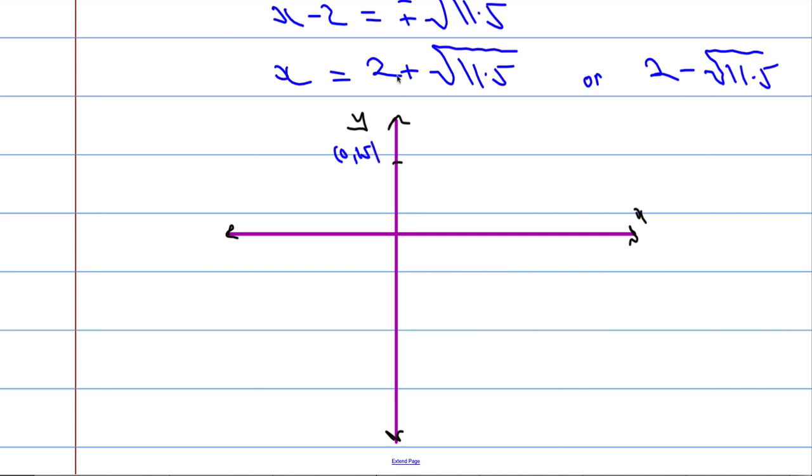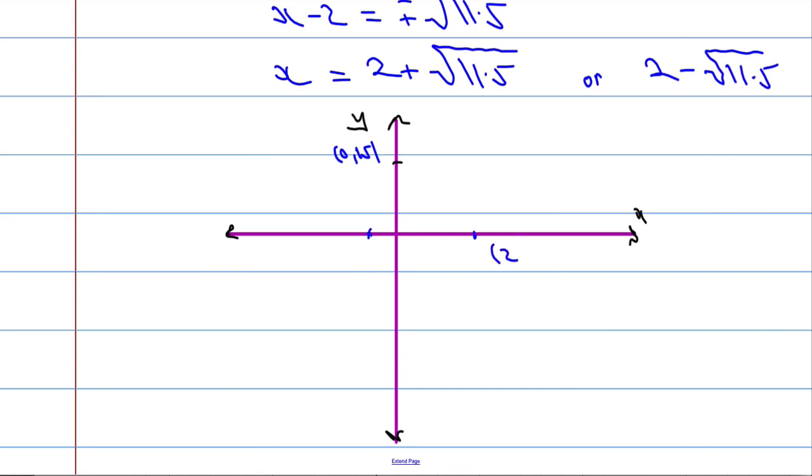The x-intercepts are at 2 plus the square root of 11.5. Let me see, square root of 9 is 3, square root of 16 is 4, so it's between 3 and 4. Between 3 and 4, plus the 2 is about, say, 5, so somewhere here. And this guy here, 2, take away a number that's between 3 and 4, so he's got to be over here somewhere.